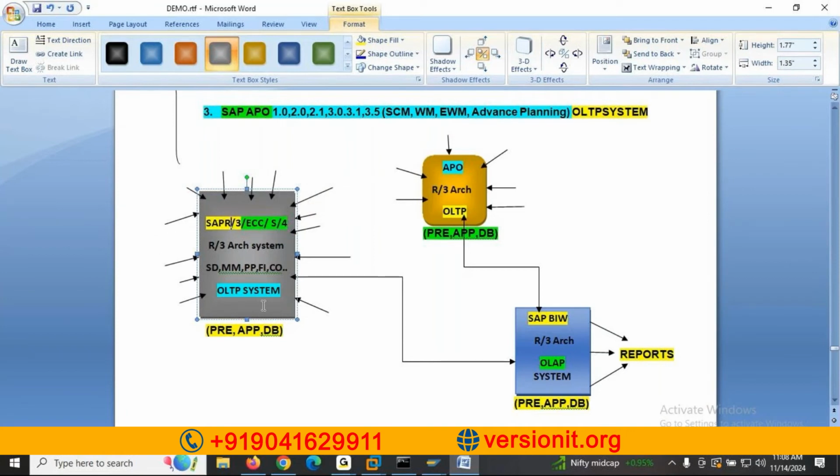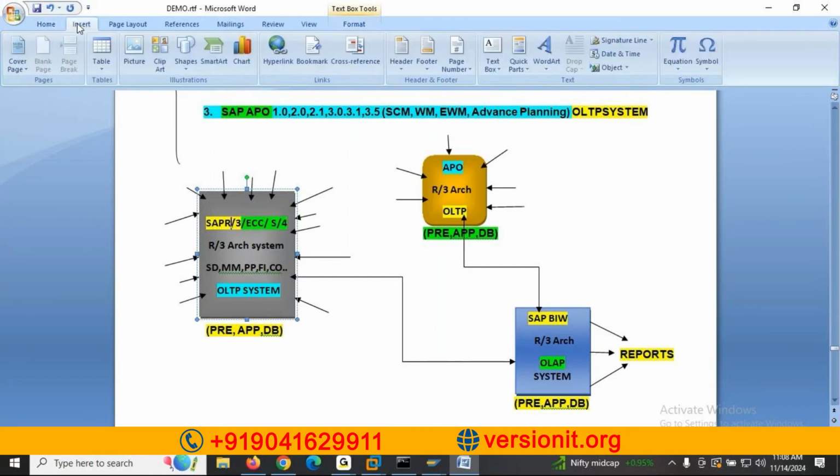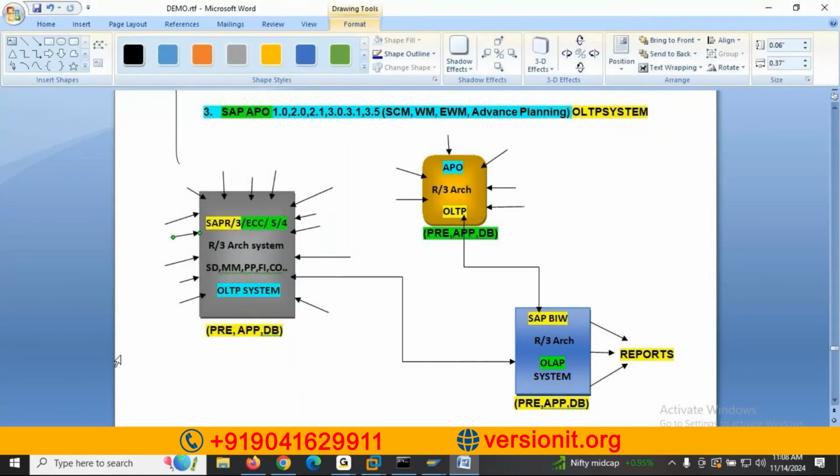Now guys, across this box, you have arrows. What do these arrows mean? The data is pumped in here. So what does this arrow signify?